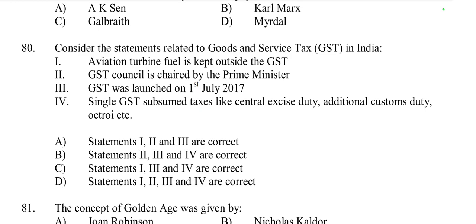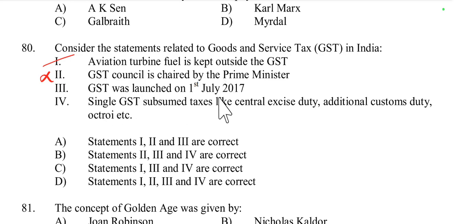So option A is right. Then option 2: GST council is chaired by the Prime Minister. Sorry, it is incorrect, because the GST council is chaired by the Union Finance Minister, not the Prime Minister.